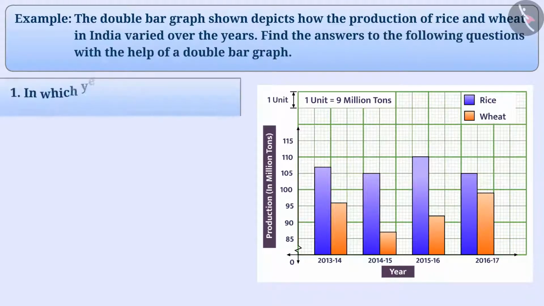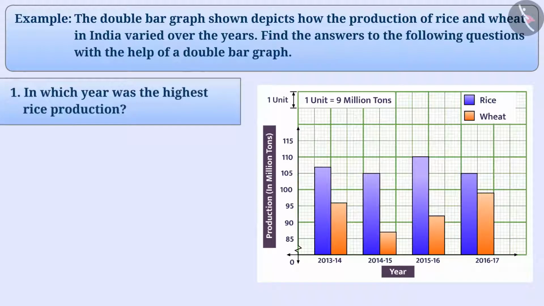In which year was the highest rice production? Here, the production of rice is denoted with blue bars. The longest length blue bar is for the year 2015-2016. We can say that the maximum production of rice was done in the year 2015-2016.